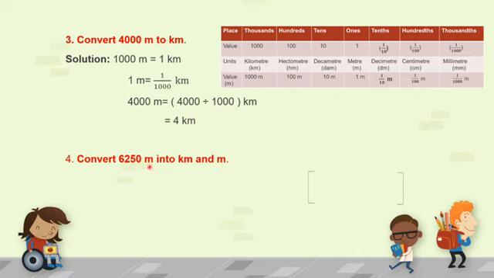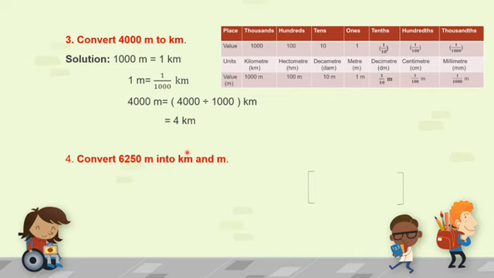Now you have to separate this into kilometer and meter. Obviously we have understood that meter is the smaller unit. We have to convert this into the bigger unit, kilometer. From meter to kilometer, lower to higher unit, division.